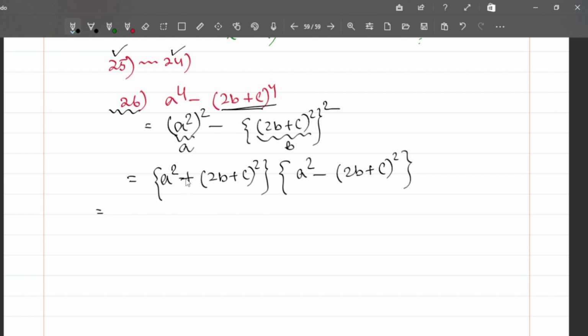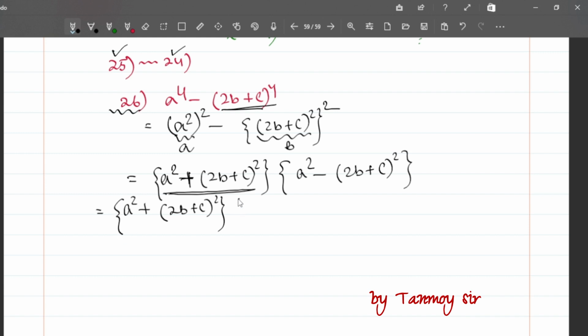Because of this plus, there is no factor formula in the first part, so you can write it as it is. But in the second part, again you can apply a square minus b square: a plus 2b plus c multiplied with a minus 2b plus c.